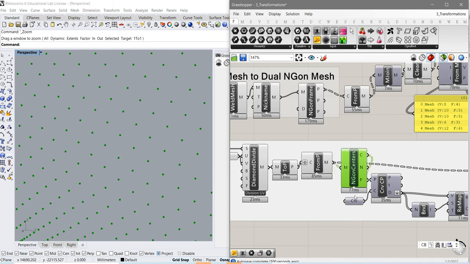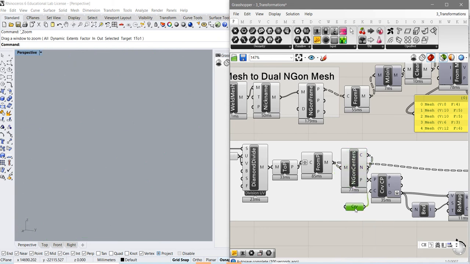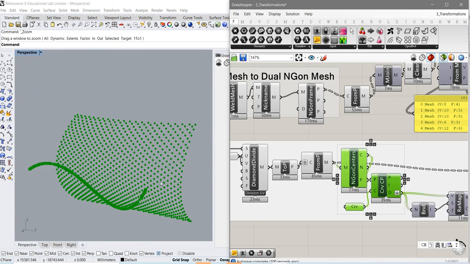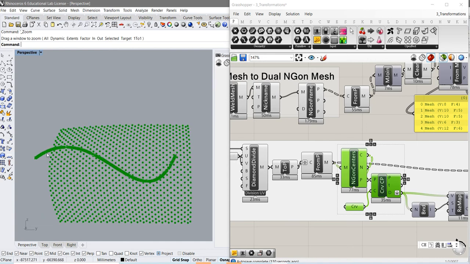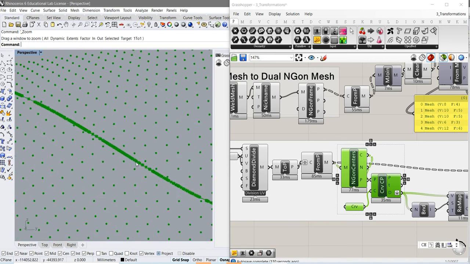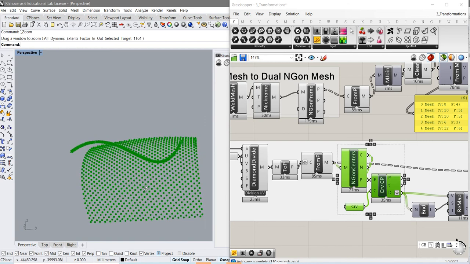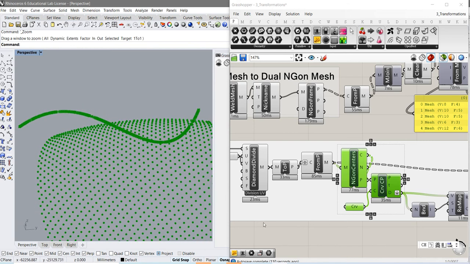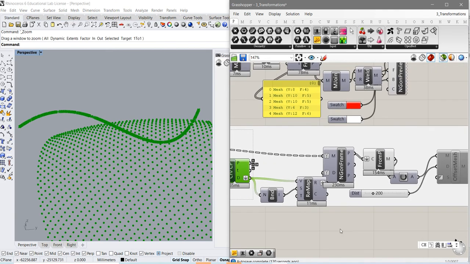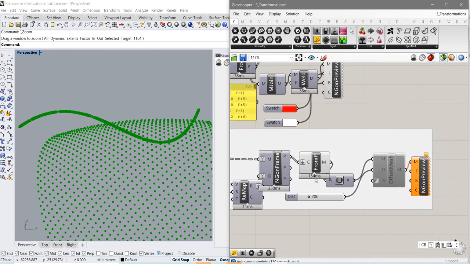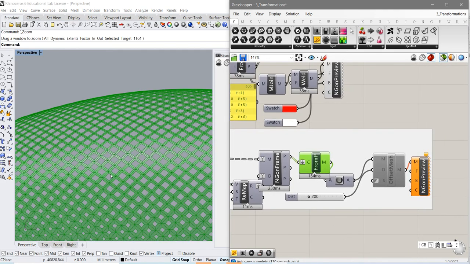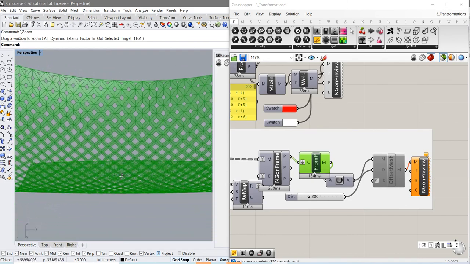Okay, find the closest points along this line for all the points. It wants to create variable frames. Let's see the result first. Okay, now it creates a panel like this.